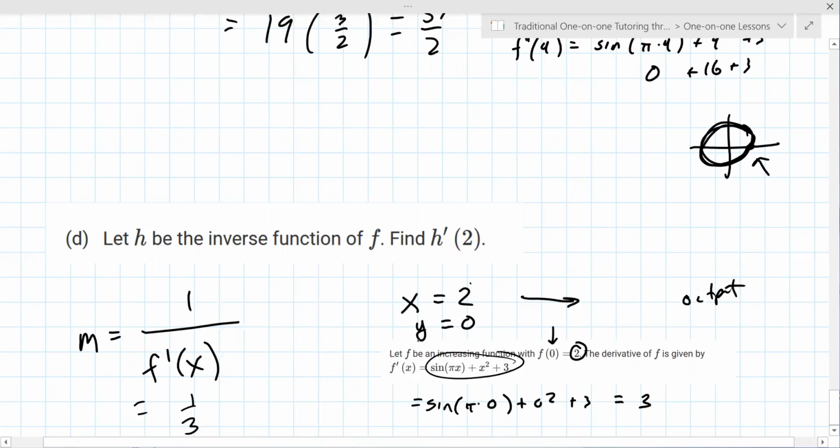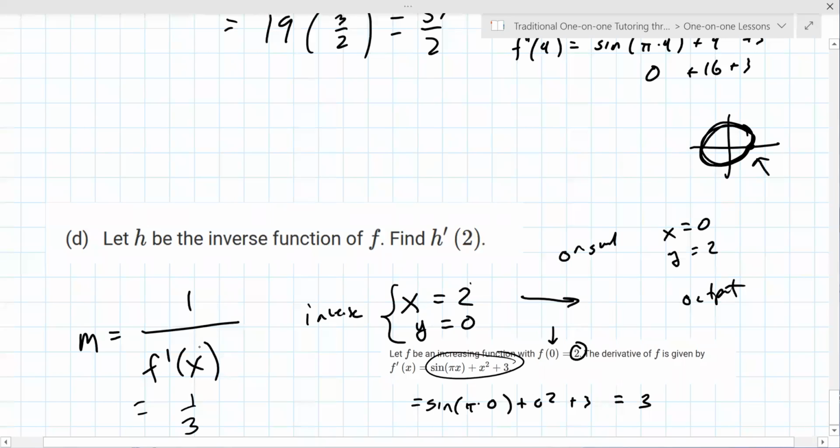So it's 0 because it's the inverse function of f, not f prime, right? These correspond to the inverse. The original is x equals 0, y equals 2.